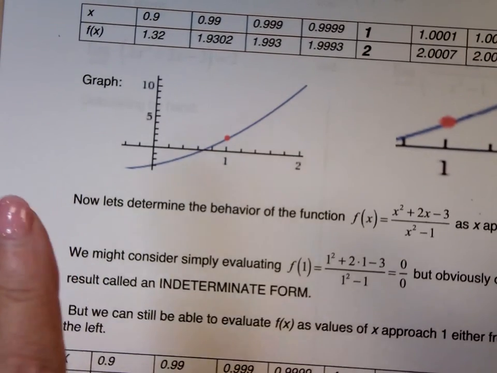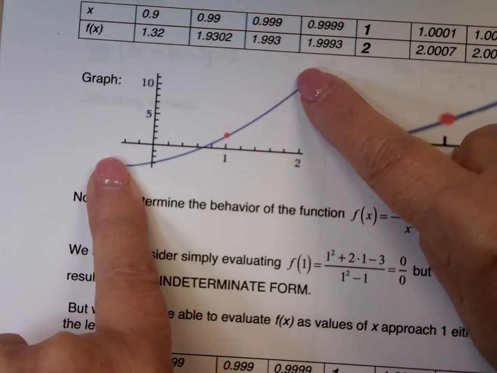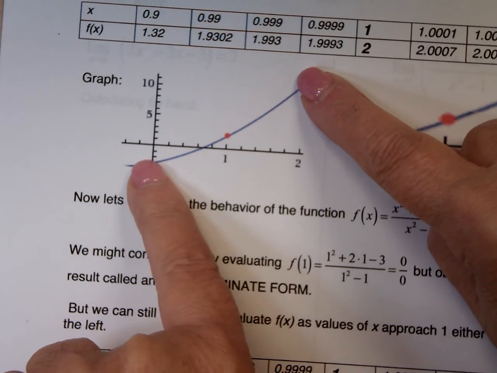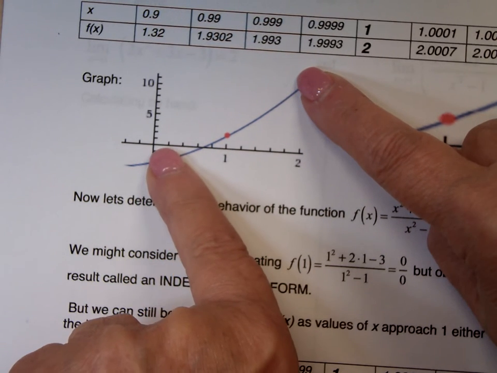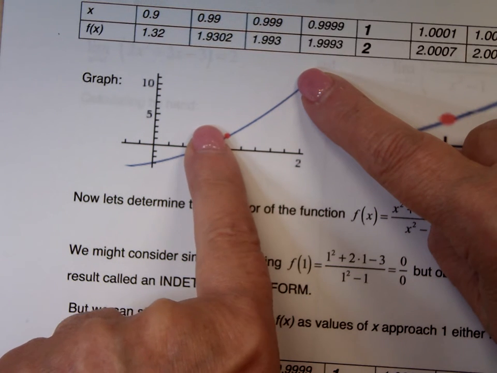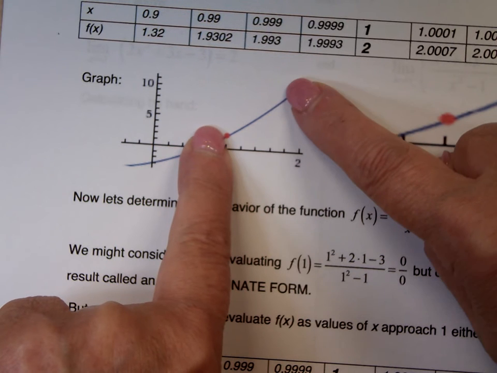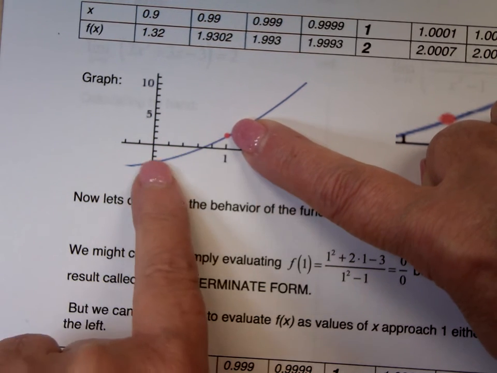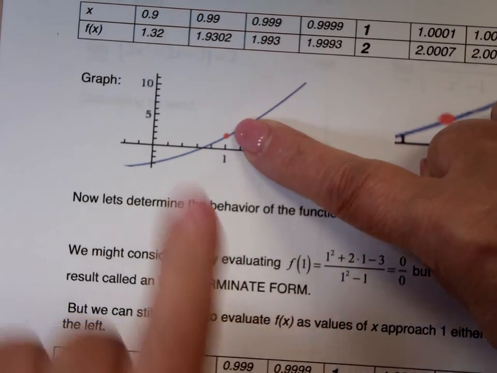Take your 2 fingers and put them on the graph. Move in from the left to that red dot. Move in from the right to that red dot. So I'm essentially on a graph now doing the table.